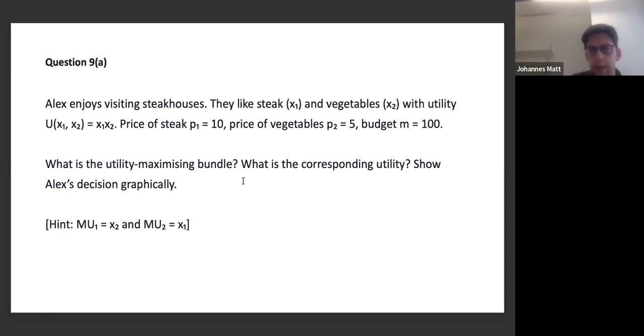Before we jump in here, any questions on this setup? Okay, very good. So let's start with deriving this utility maximizing bundle.